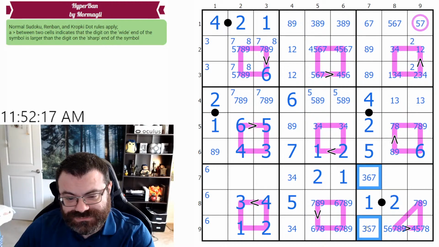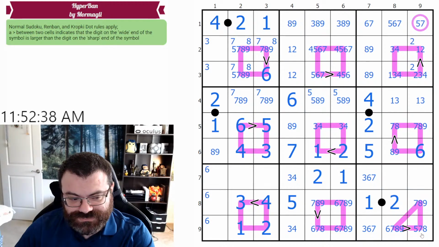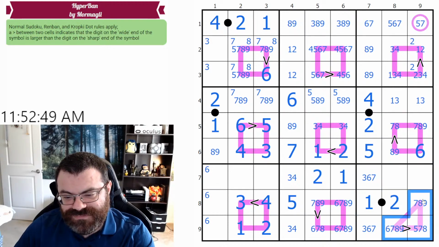These aren't 5s. Ah, this can't be a 4, that's true, so this can't be a 5. Just because 4 doesn't reach 7.